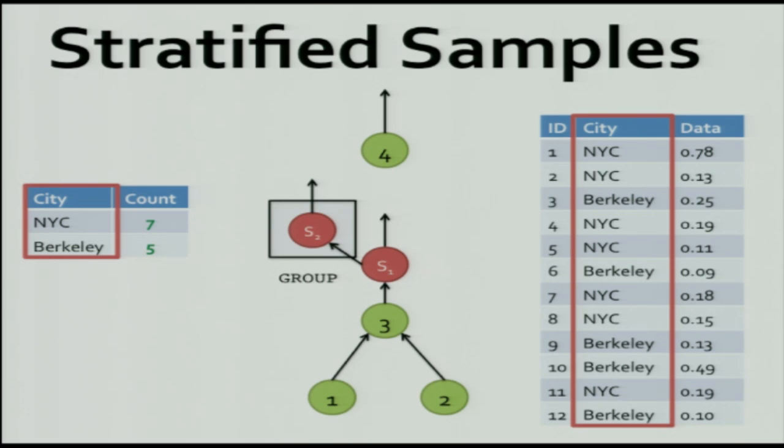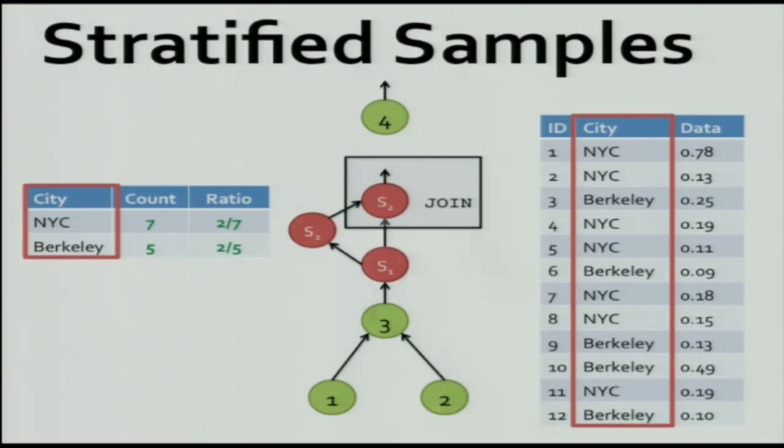Now, based on this, the group operator assigns a ratio to this stratified sampling operator. Now, this ratio is something that's defined by whatever the logic is associated with creating these stratified samples. BlinkDB supports a variety of such logics, but we also allow custom logics in the stratified sampling operator.